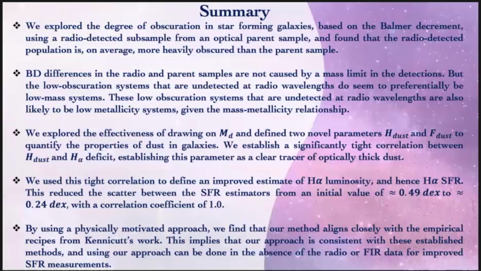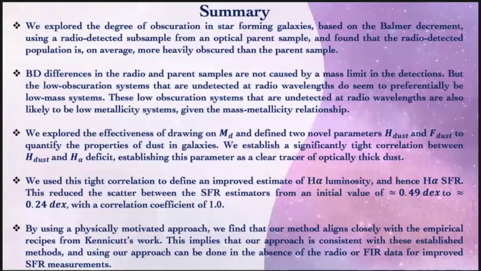Then we started exploring further, trying to link Balmer decrement and dust mass, and defining two different parameters, H dust and F dust. The intention was to find a way to define and improve estimates of H alpha luminosity, and hence H alpha star formation rate. We also checked with a physically motivated approach like Kennicutt's, which implies that our approach is consistent with established methods.